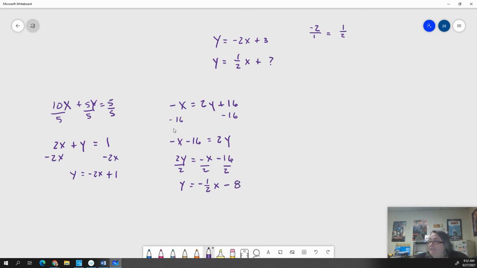So are these equations, if I look at them, are they parallel, perpendicular, or neither? Everyone put an answer in the chat box. Parallel, perpendicular, or neither?